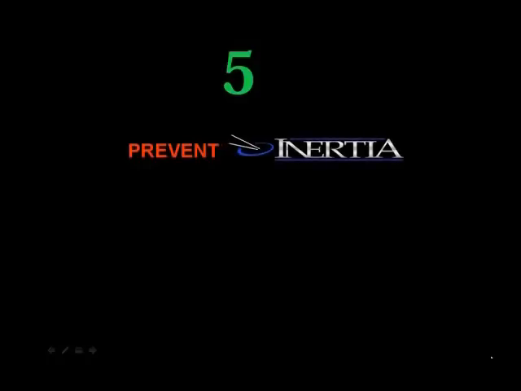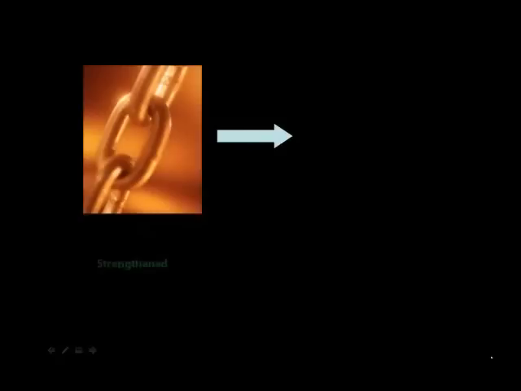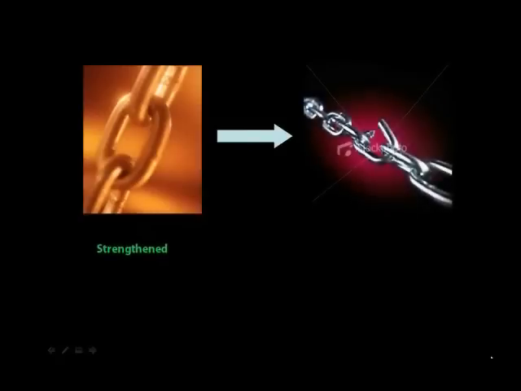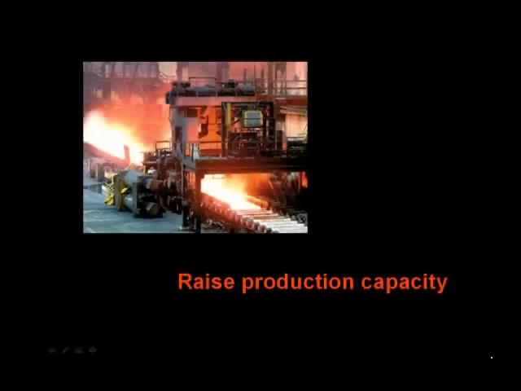5. If in a previous step a constraint has been broken, go back to step 1. Prevent inertia from becoming the system constraint. When the weakest link has been strengthened to the point that it's no longer the weakest link, guess what? Yeah, there is a new weakest link. For example, you might raise production capacity to the point that the market is now the constraint.